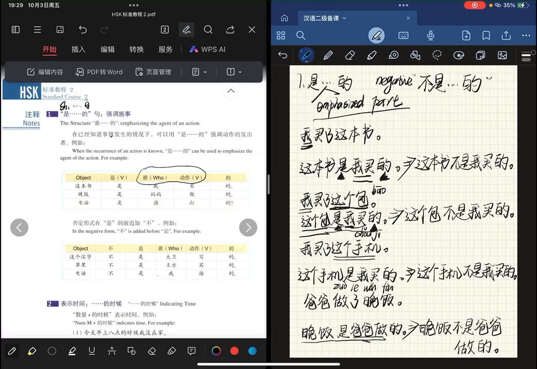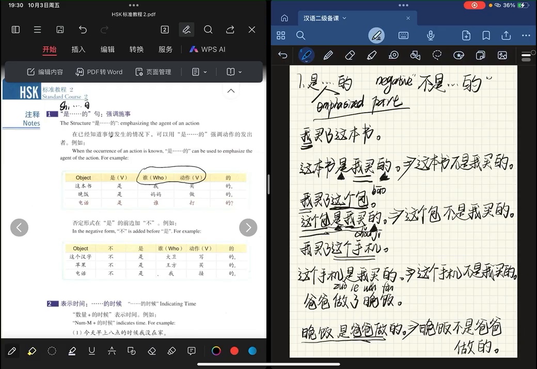So for the first sentence, 这本书是我买的。So it was me who bought this book. 晚饭是妈妈做的。So it was mom who cooked dinner.